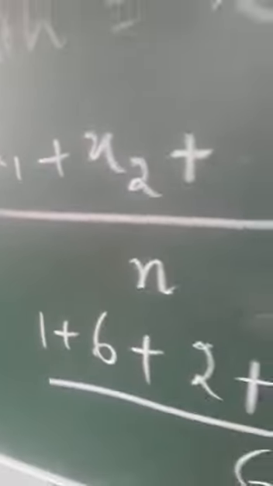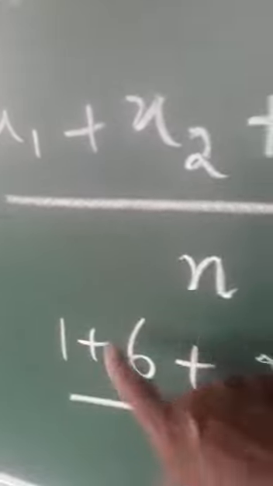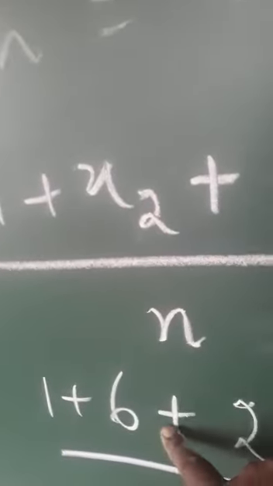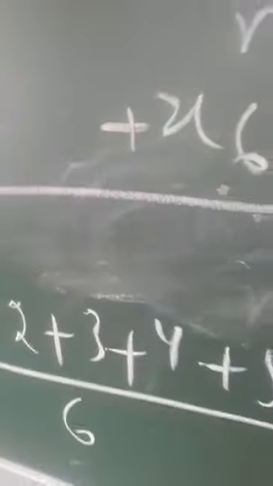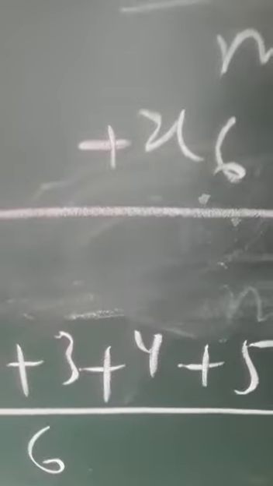We will substitute the values given: x1 will be substituted with 1, x2 with 6 and so on, and x6 with the value 5, writing all the corresponding values in between. Since the total number of values is 6, we divide the sum of all terms by 6. Now 21 divided by 6 gives us the value of mean, that is 3.5.